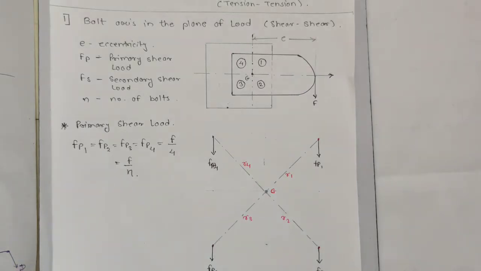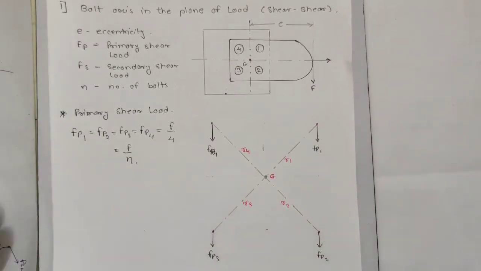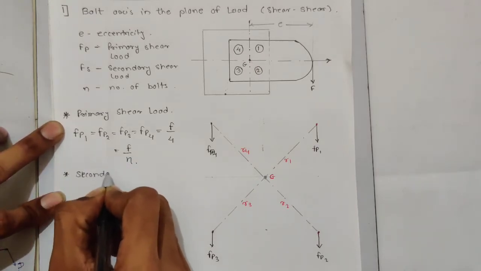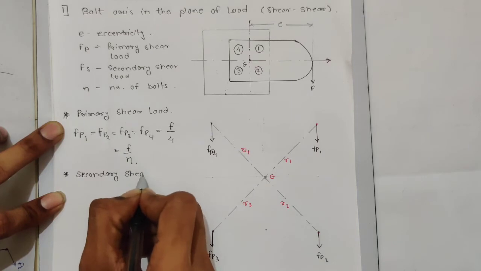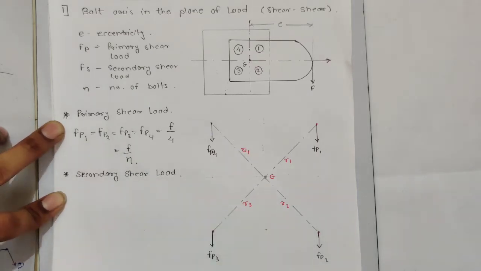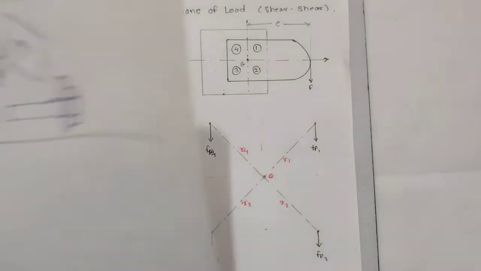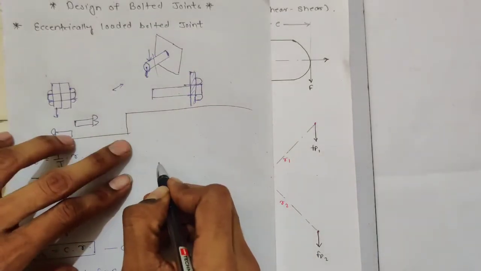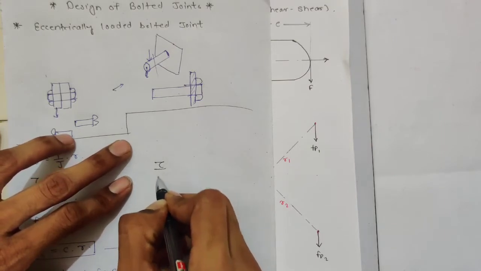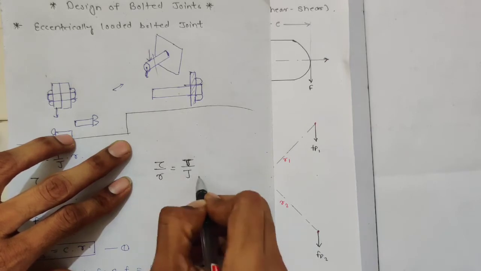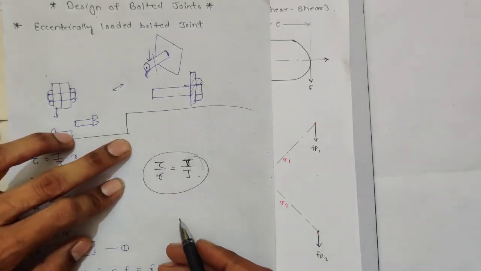Okay, so you understood the primary shear load, then we will go to the secondary shear load. So what is the secondary shear load? To understand this, we will use the torsion formula, tau upon r equals T upon J. I think you have seen this in simple torsion.